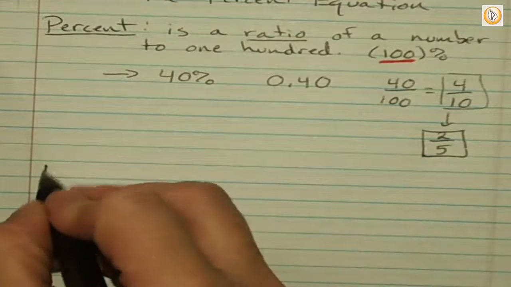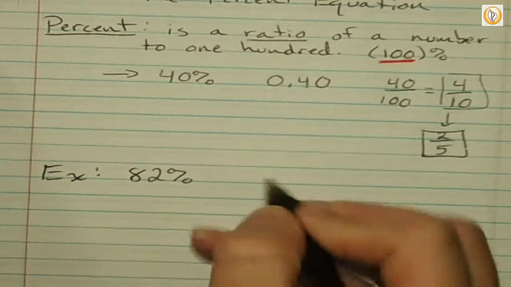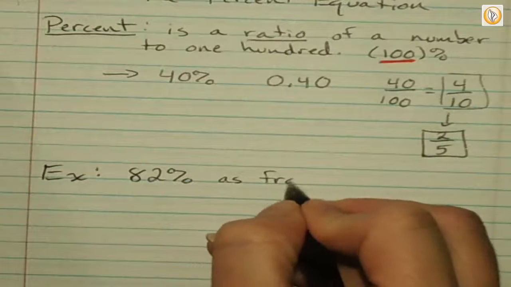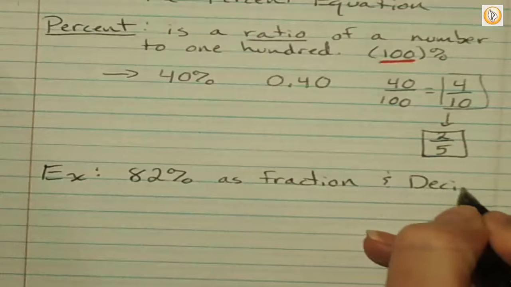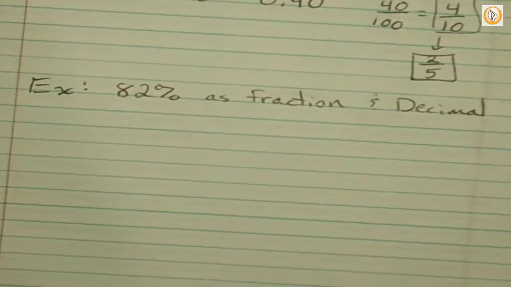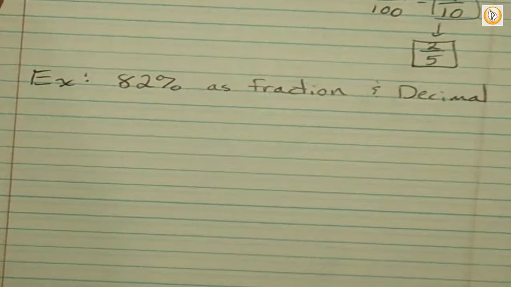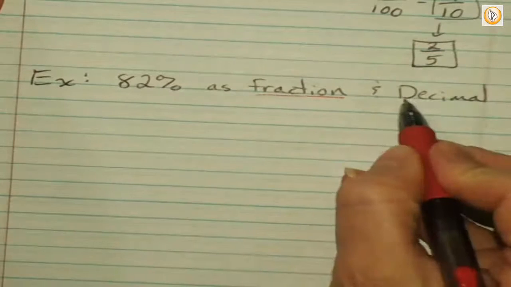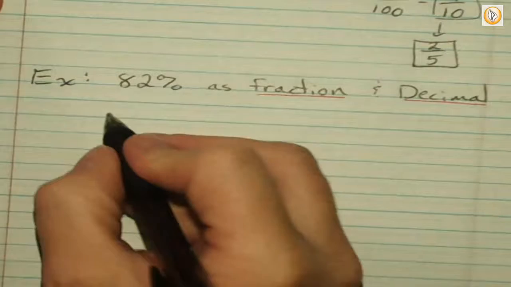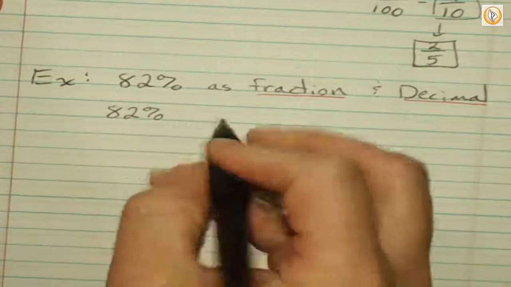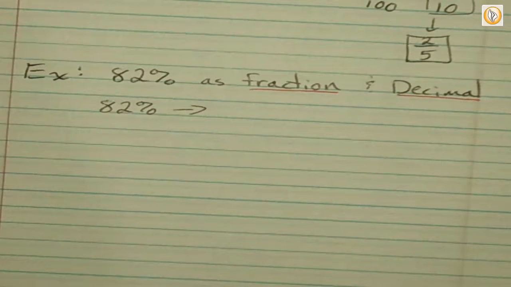All right. Let's say I want to write 82% as a fraction. We're going to just jump in. I'd rather do examples all day than words anyway. Let's change 82% to a fraction and a decimal. Let's start with the fraction.